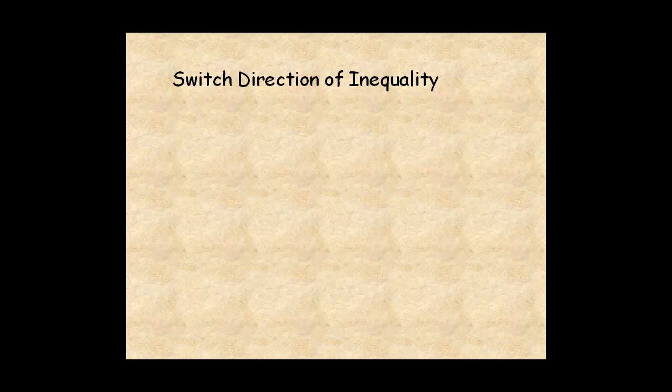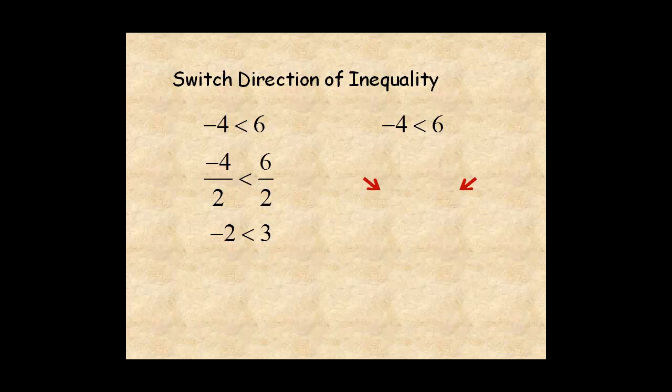Consider the true statement, -4 is less than 6. When you divide both sides of this inequality by 2, the statement remains true. -2 is less than 3. However, when you divide both sides by -2, the statement is not true until you switch the symbol from less than to greater than.